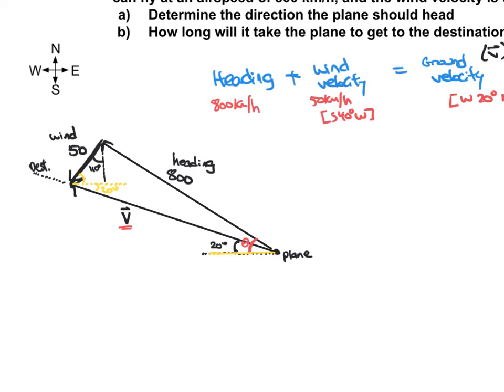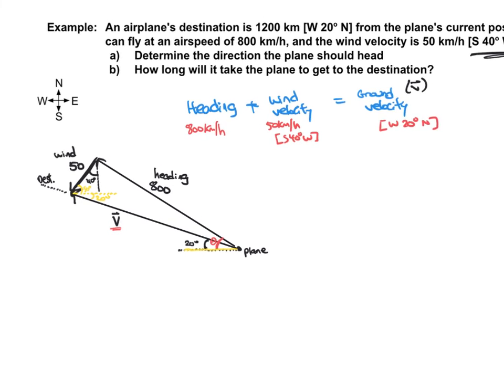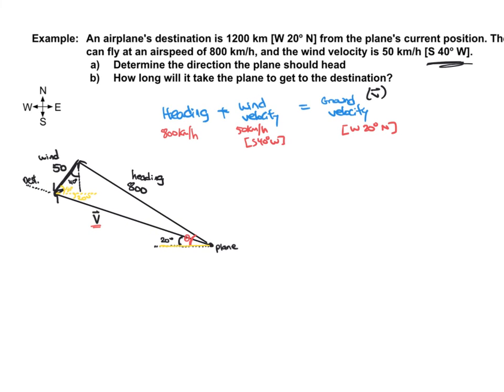That angle I just labeled would be 180 degrees minus 40 degrees minus 90 degrees, which would end up being 50 degrees. So altogether, the angle on the left there is 50 plus 20, which is 70 degrees. Got a 70-degree angle there.